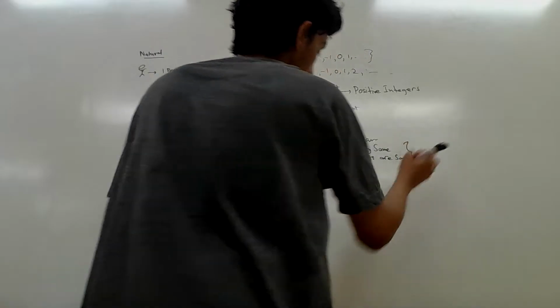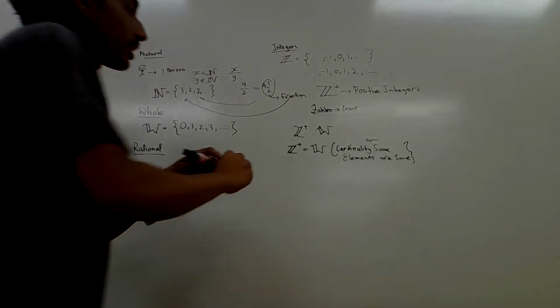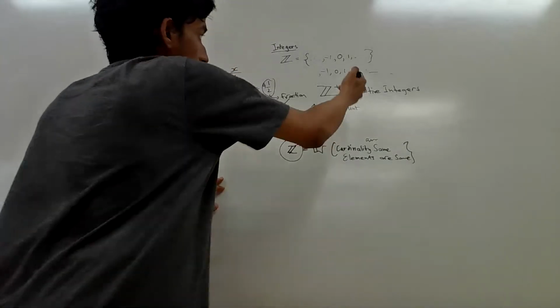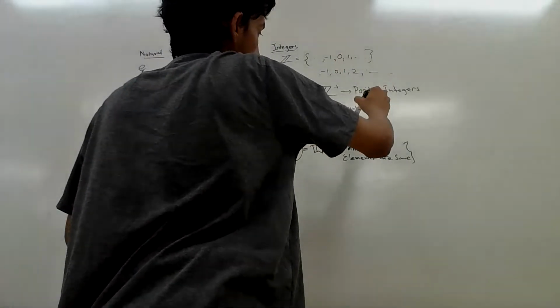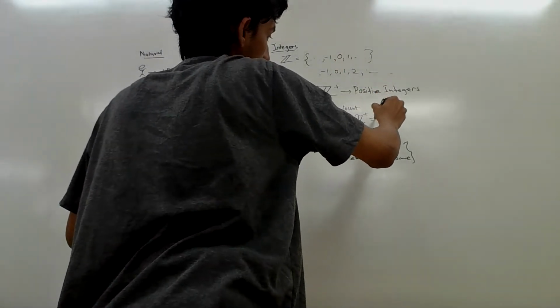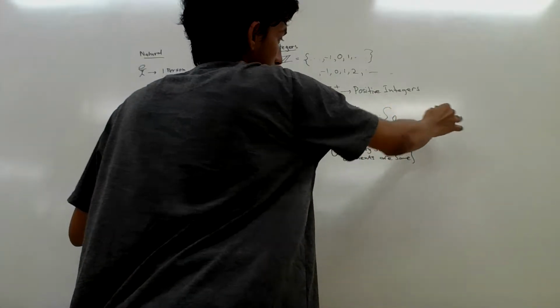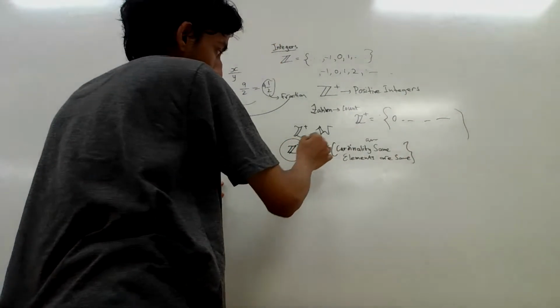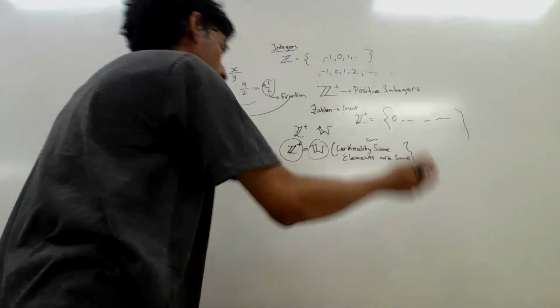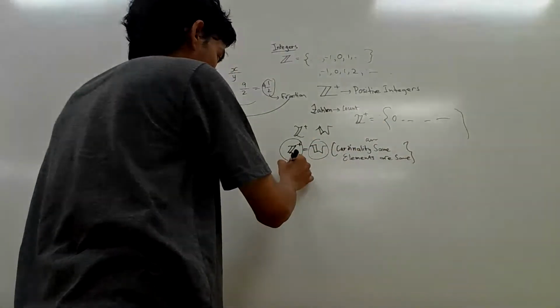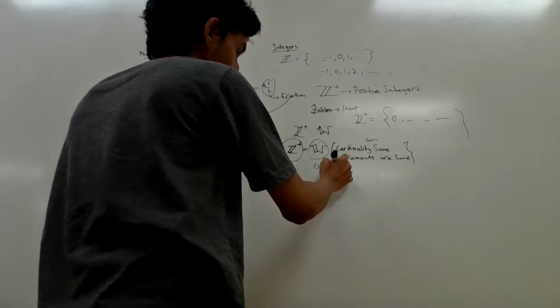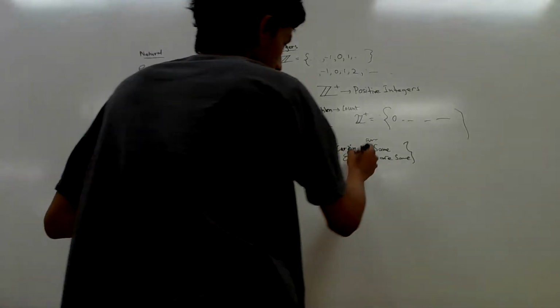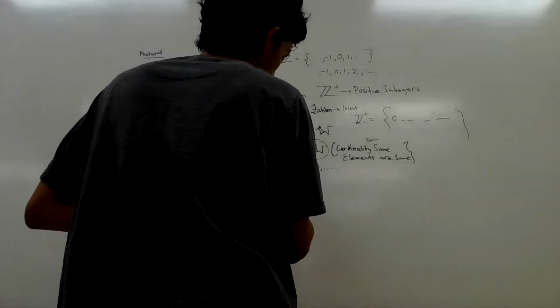So what this basically means is that not only the number of elements in the positive integers, which starts from 0 to infinity, is the same, but the elements are also the same: 0 to infinity and 0 to infinity. Both of them are the same. That's why the number of elements is the same.